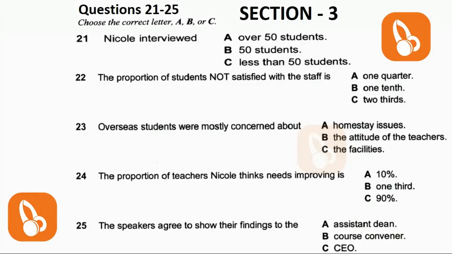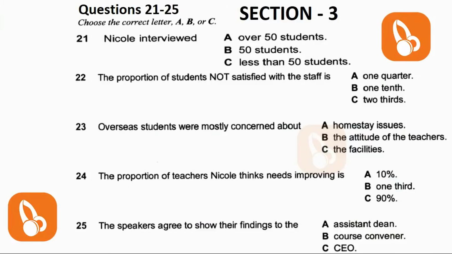You will hear two students, Frank and Nicole, discussing their survey results. First, you have some time to look at questions 21 to 25. Now listen carefully and answer questions 21 to 25.